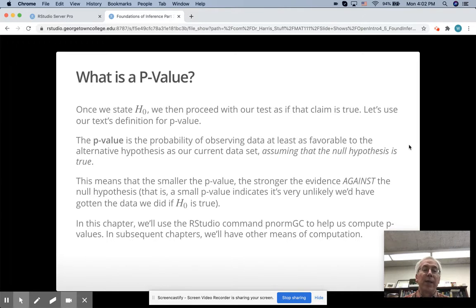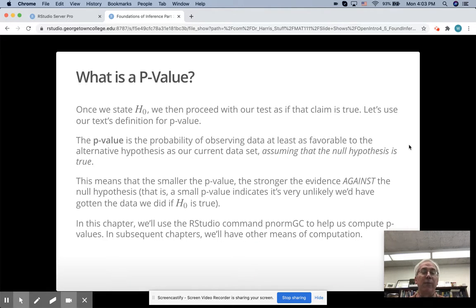Okay, so we've stated a null hypothesis, and the logic of a hypothesis test is that we're going to act as if the null hypothesis is correct. So we've got our null and alternative hypotheses set up. We're going to proceed under the assumption that the null hypothesis is correct, and then we're going to see whether or not that seems reasonable given what we find.